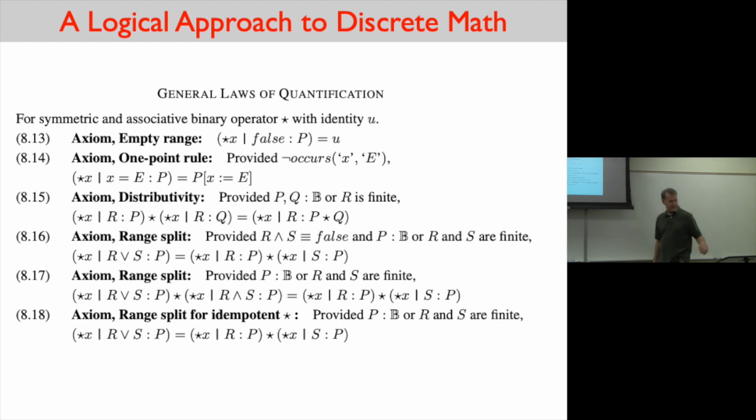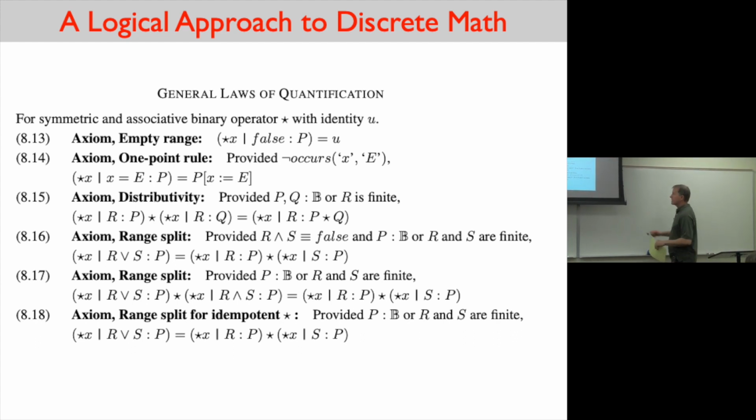Here's an example of distributivity, example of 8.15. Remember distributivity? Star over x, range r, body p, star over x, range r, body q equals star over x, range r, body p star q.